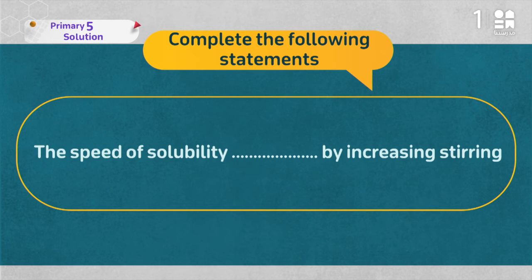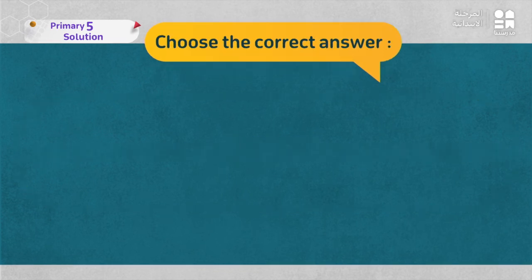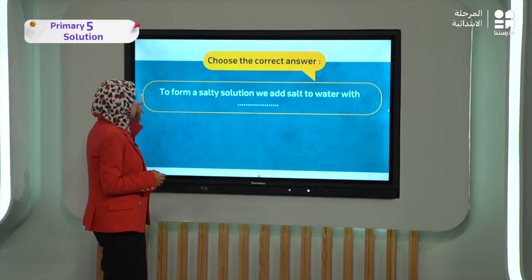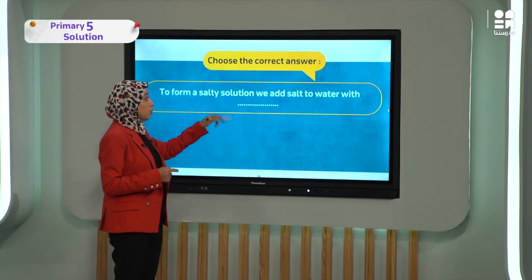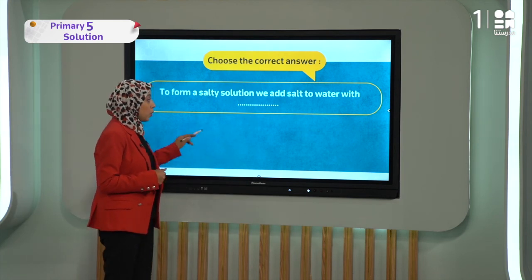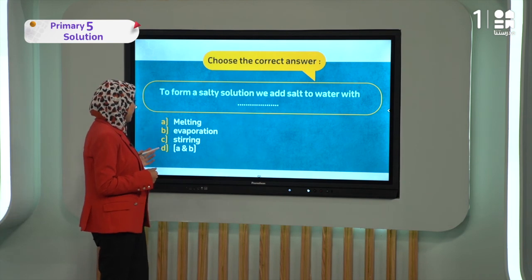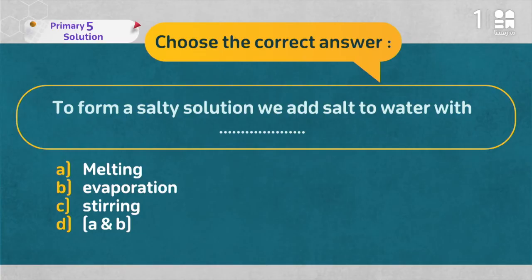When we increase the stirring, the solubility speed also increases. Now choose the correct answer. Number 1, to form a salty solution we add salt to water with melting, evaporation, stirring, or A and B. Salt and water form a solution by stirring.